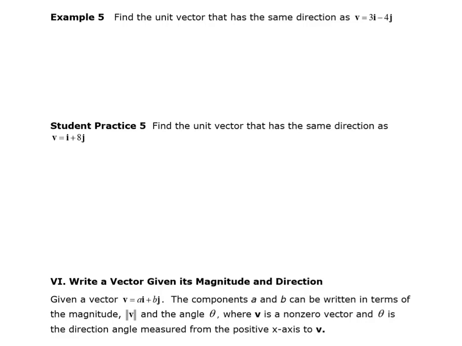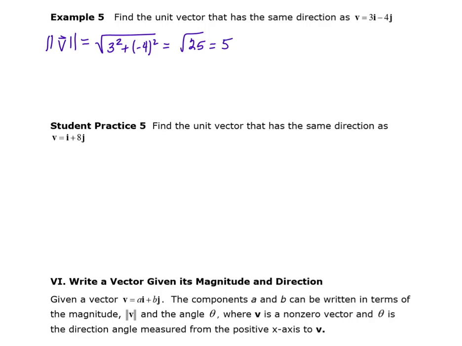So looking at example 5, the first thing I'm going to do is find the magnitude of vector v, and I do that by taking the square root of 3 squared plus negative 4 squared. It's going to be the square root of 25, or just 5.